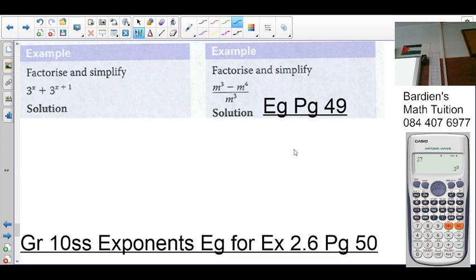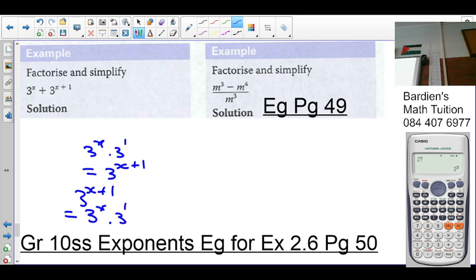Right, so what we do is we know that 3 to the x times 3 to the 1 is equal to 3 to the x plus 1. Not so? So the reverse is also true. If I got 3 to the x plus 1, this can be written as 3 to the x times 3 to the 1.